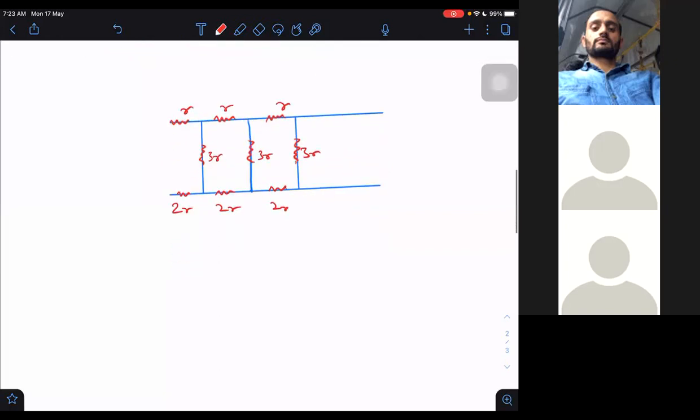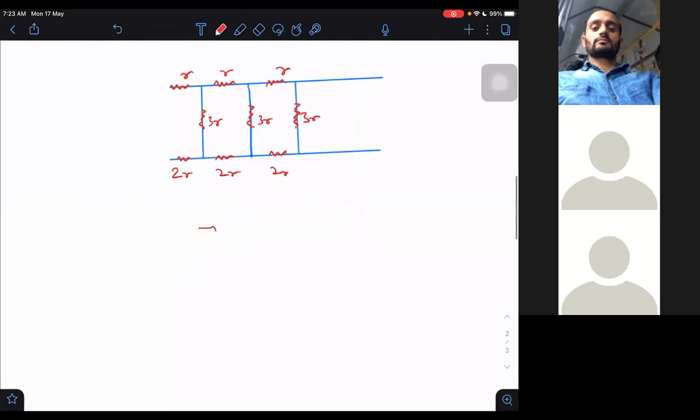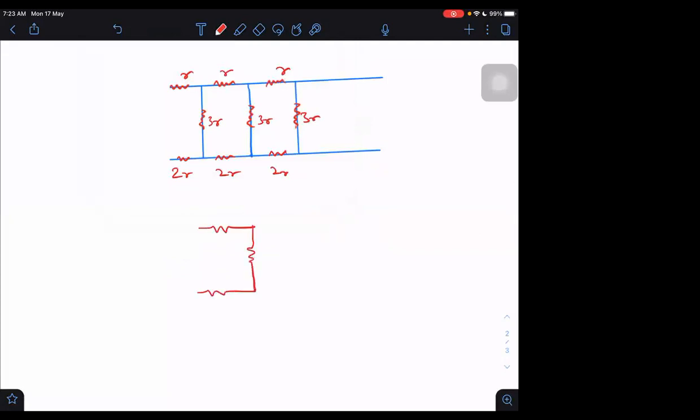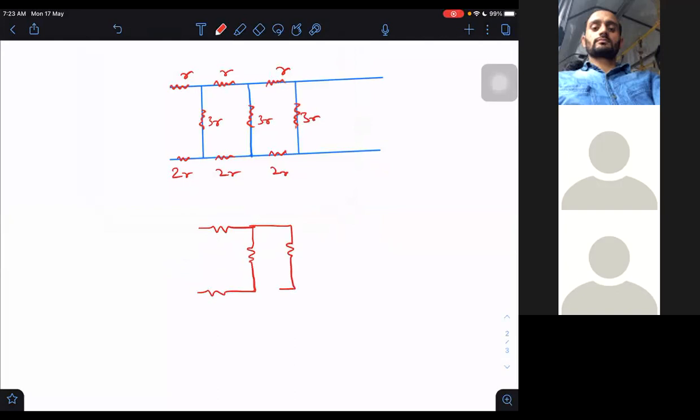Here also what will we do? We will take 1, 3 and 2, and here we will take it as X. 1, 3, 2. So 3 parallel with X and in series with 2 plus 1.